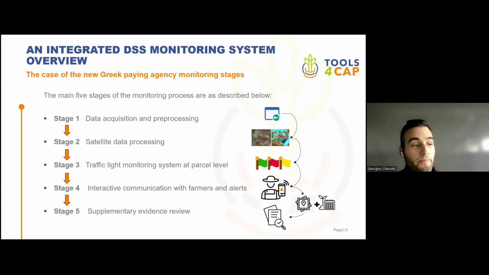When this decision engine gets activated, the outcome of this process is that for every parcel we have 3 flags. A parcel can have a green flag, which means this parcel is eligible and the data declared agree with the data from the satellite or other external data sources.